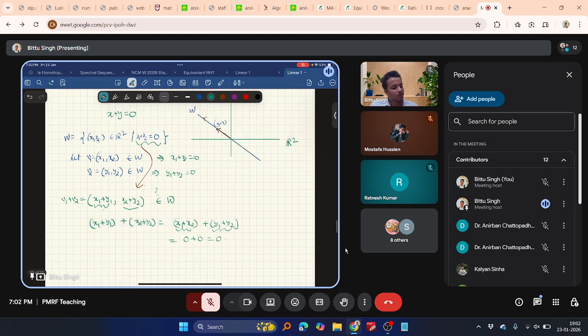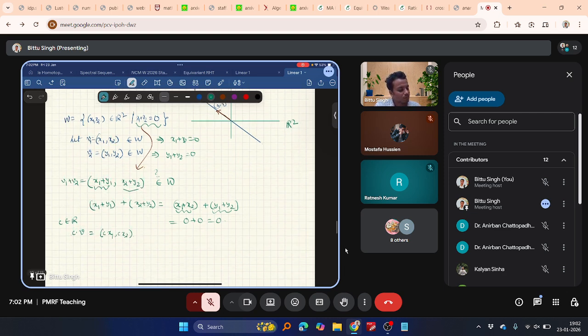Similarly, if we stretch any vector, that is scaling by some c, where c belongs to real numbers, then c times v will look like cx1, cx2. Now the sum of the components, cx1 plus cx2, is the same as c times x1 plus x2, but x1 plus x2 is 0, so by star this is equal to 0.